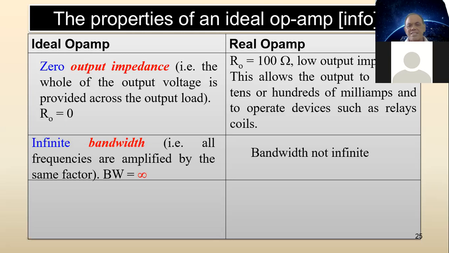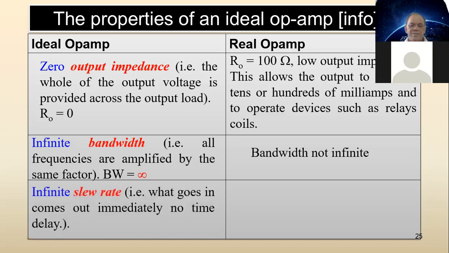But we find that is not possible. Bandwidth is not infinite, it is limited. Infinite slew rate, we find also that is not possible. The slew rate is about 10 volt per microsecond. That means the larger your voltage, the greater will be your time delay.